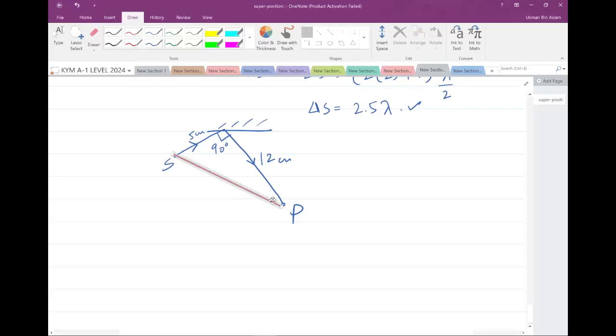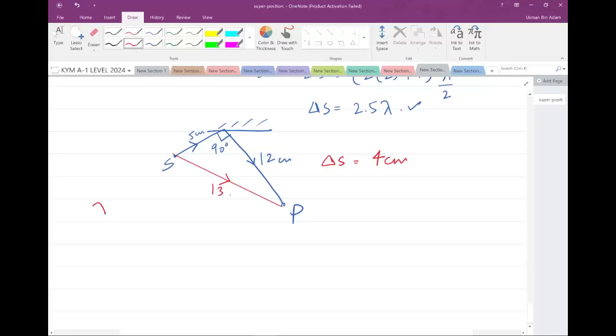The two waves, one is the blue one and the other one is the red. They meet at a point P. You remember we calculated the path difference to be 4 centimeter. This was 13.